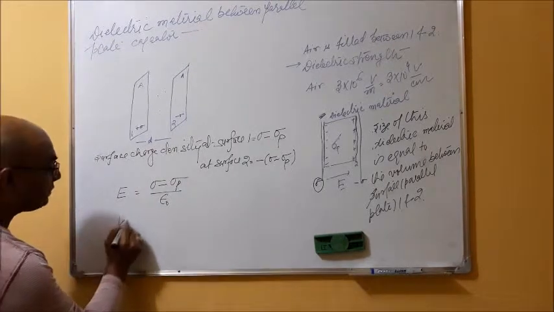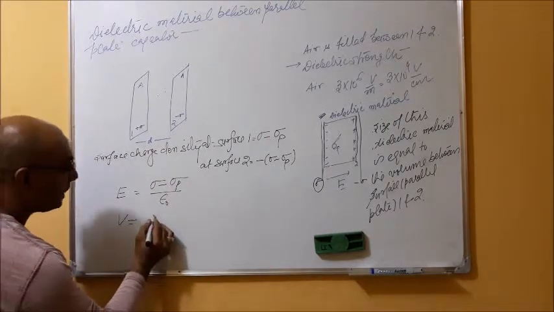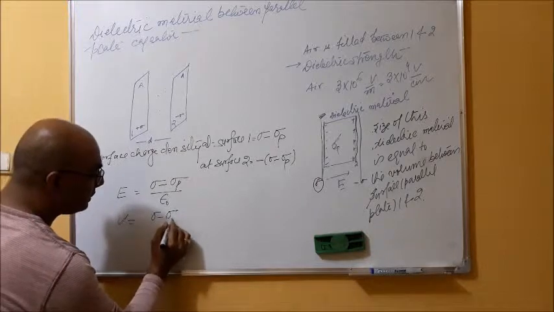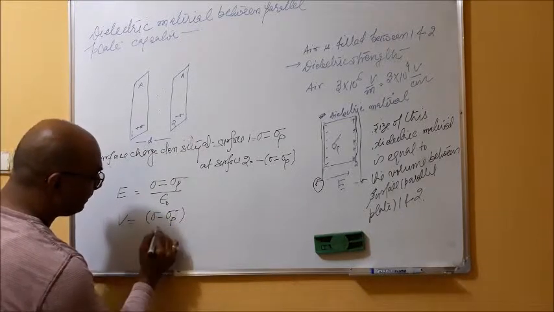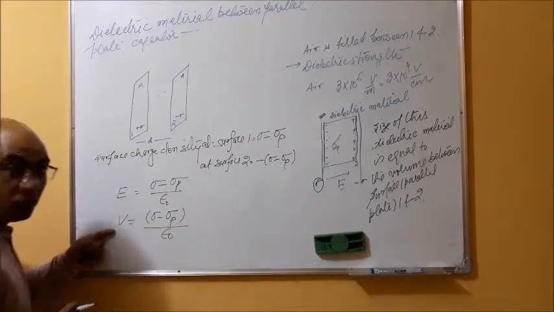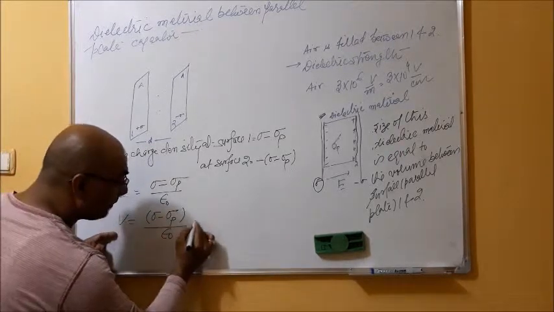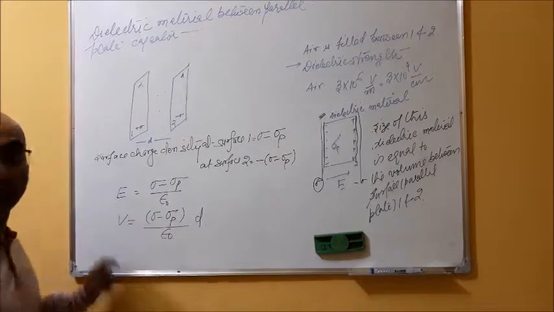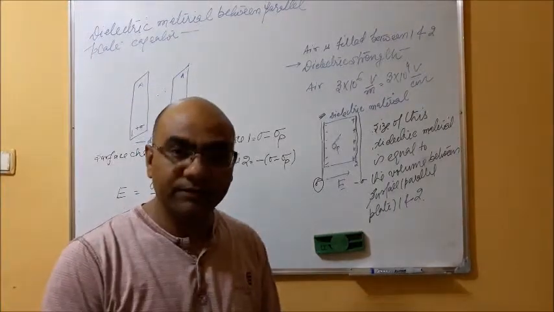Right. Then what is the value of V? V is given by again sigma minus sigma P upon epsilon naught into d. Right?